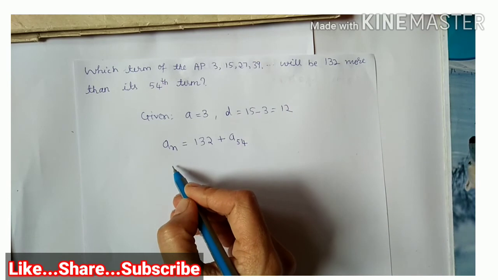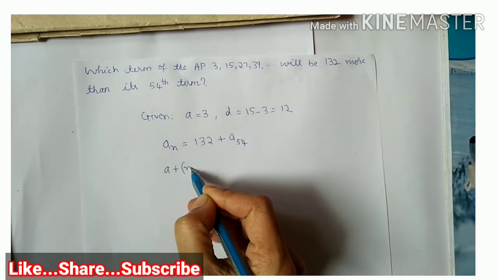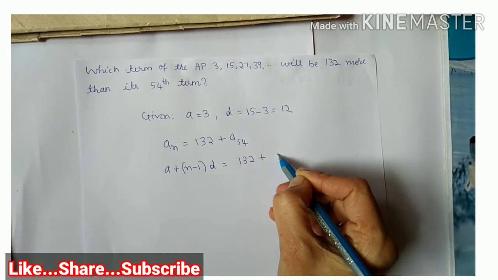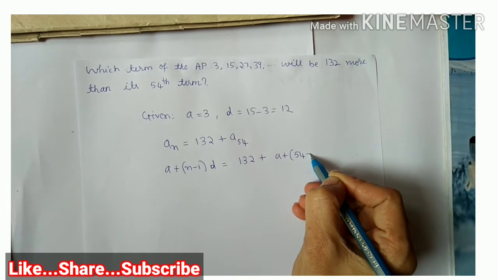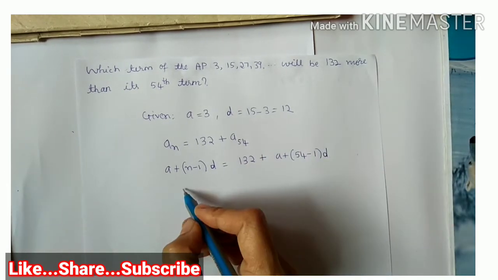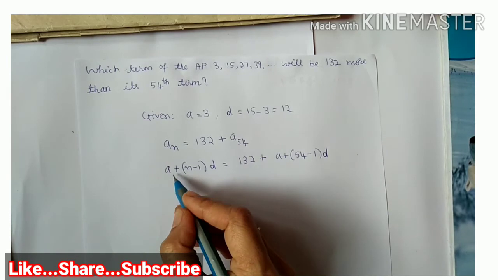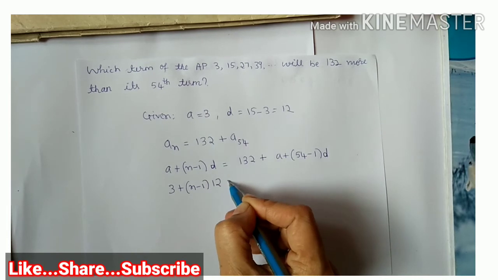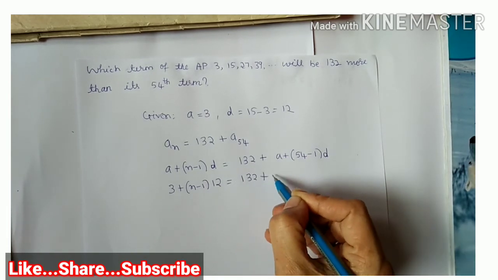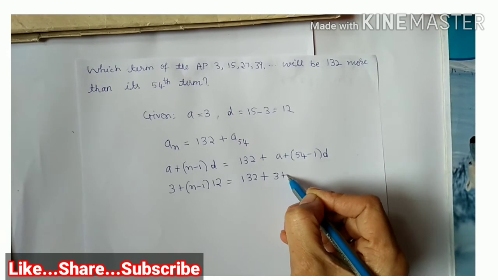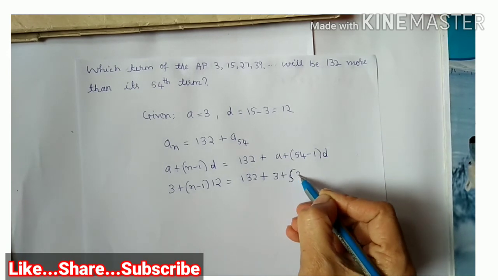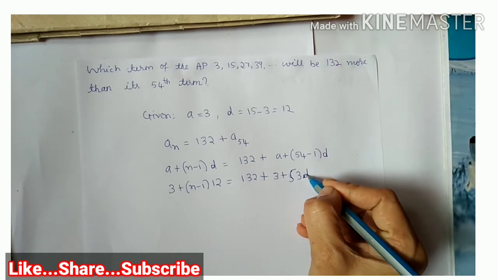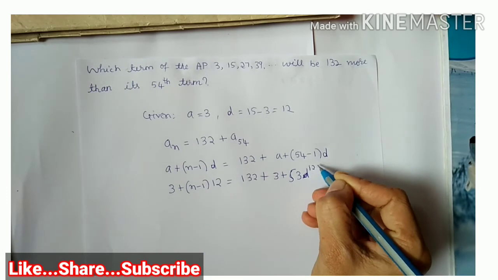Substitute the nth term of the AP, a plus n minus 1 into d, is equal to 132 plus a plus 54 minus 1 into d. Here a is 3 and d is 12.